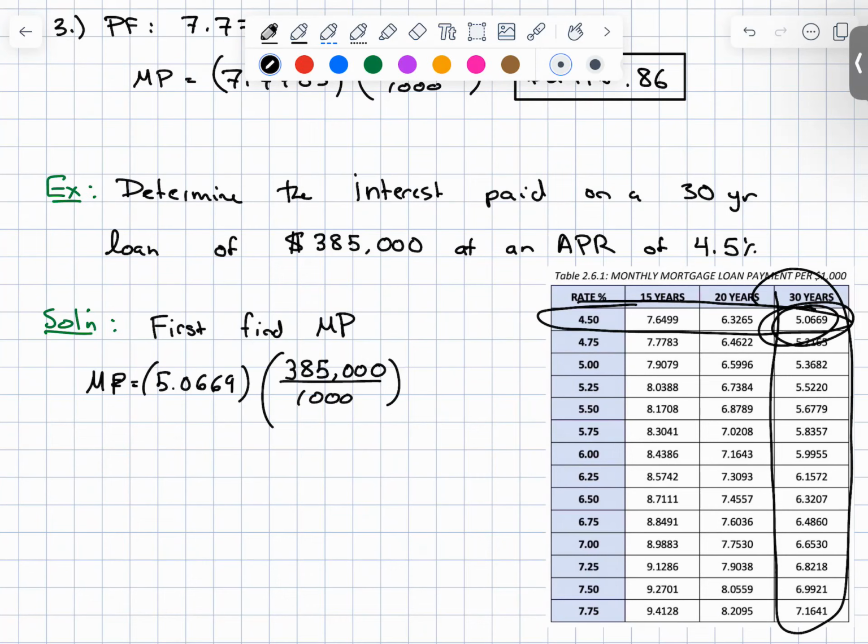And that should give you $1,950.76. So a monthly payment. I'm not going to box that in. I'm going to underline that because that's important, but it's not our answer.